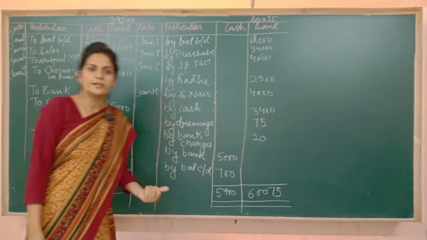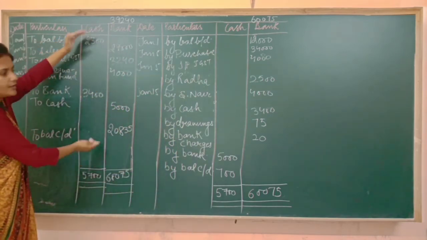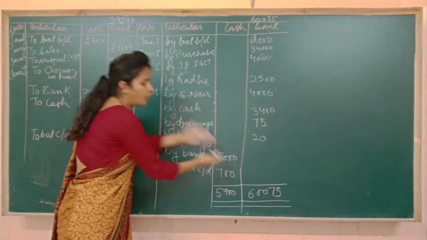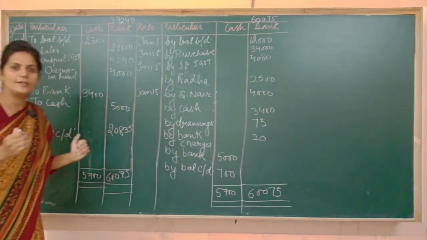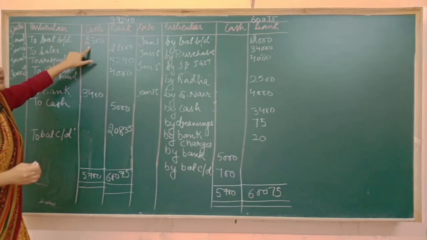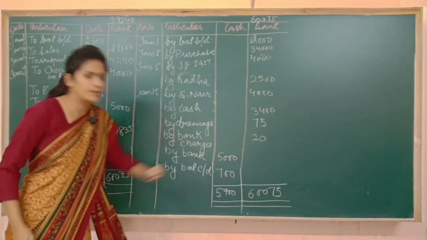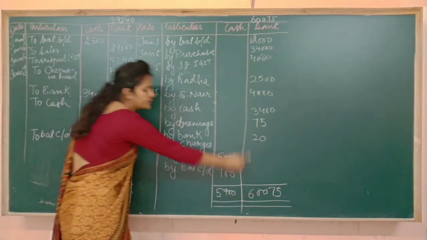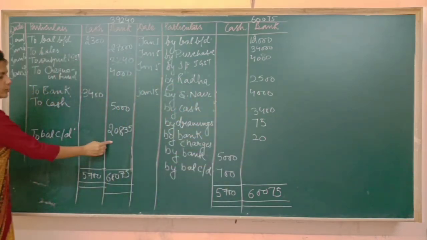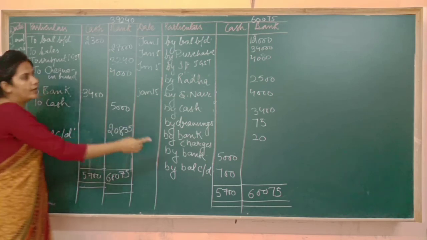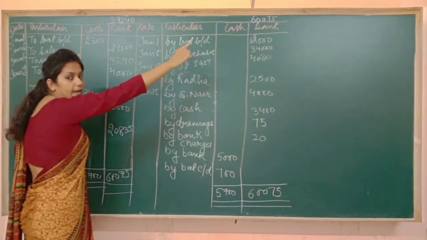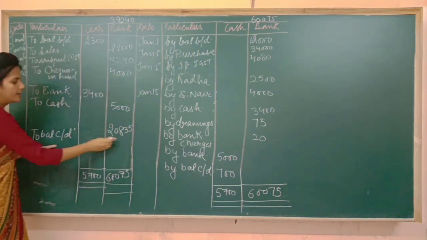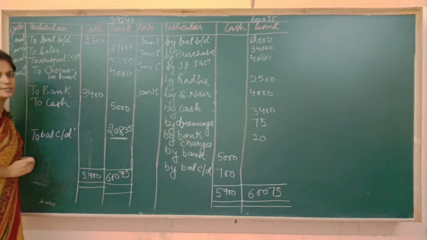The reason is clear, because debit side is greater and I have to write the balance on the credit side, so I call it as the cash book is having a debit balance of 700. In case of bank, the credit side is greater, so I am writing the carry down balance on the debit side, so I call it as bank is having a credit balance of 20835.